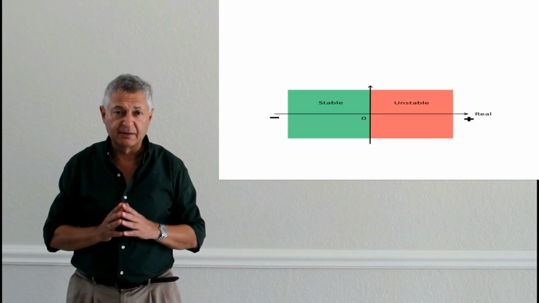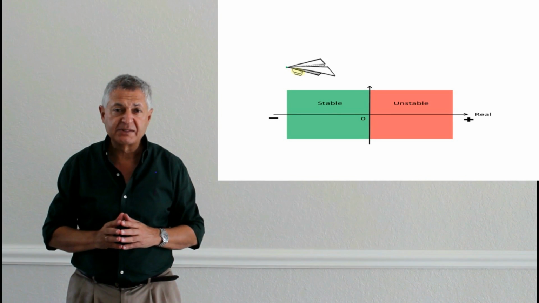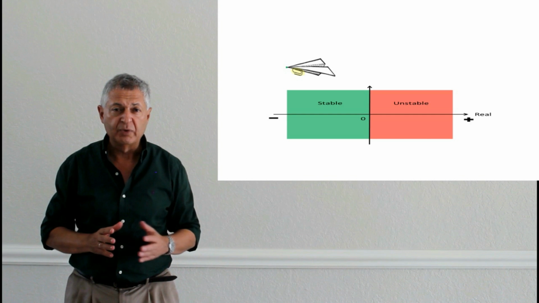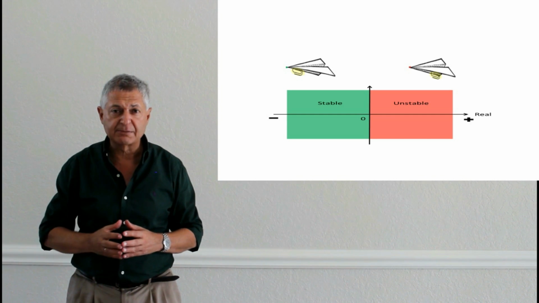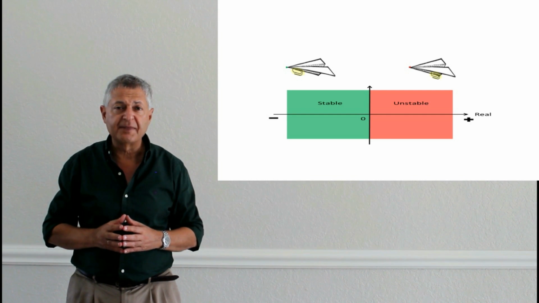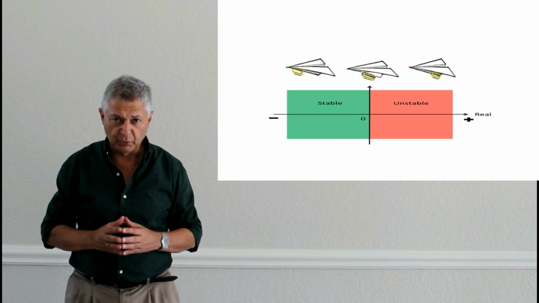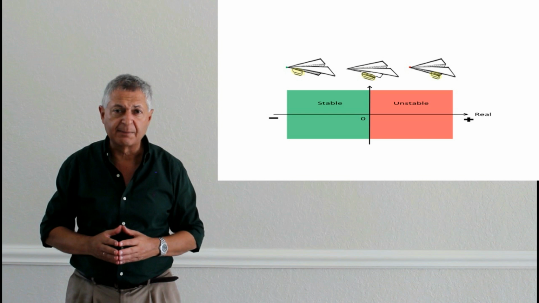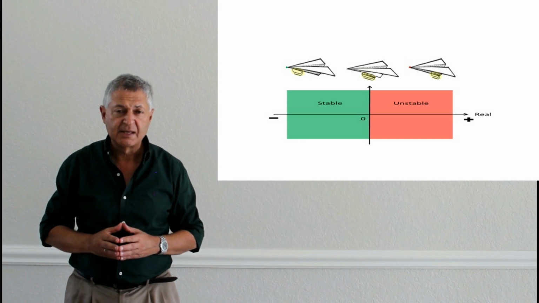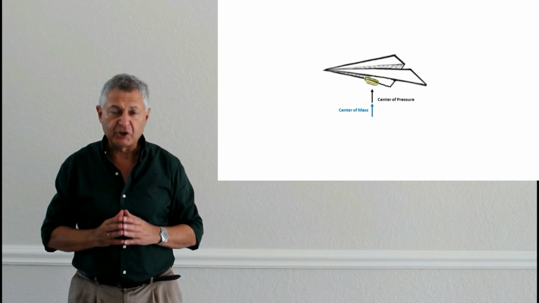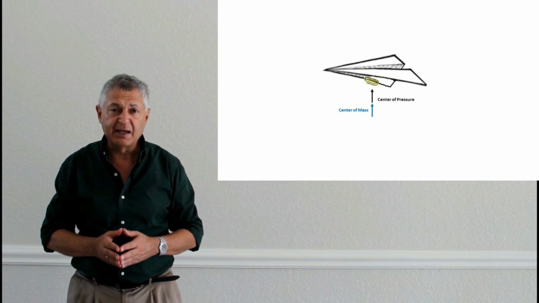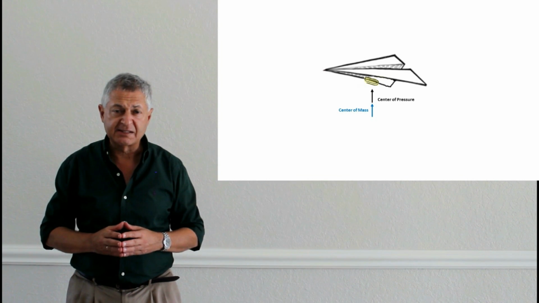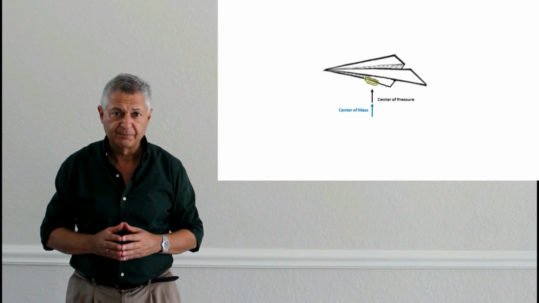Now, let's look at the airplanes again. Now we see one in the left-hand side, we see the other one in the right-hand side of the S-plane, and we also see something which is on the borderline in between. This is a borderline between stability and instability. This happens where the center of pressure is exactly at the same location as the center of mass. The following two examples are real examples of real airplanes.